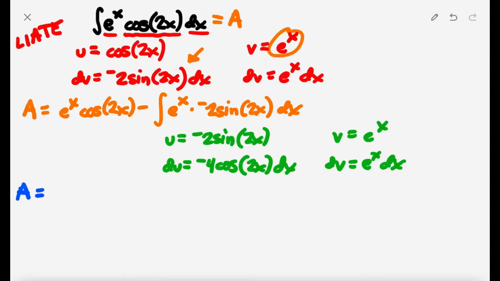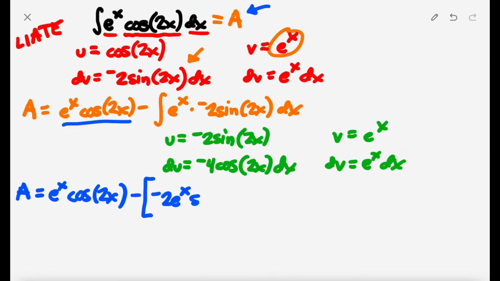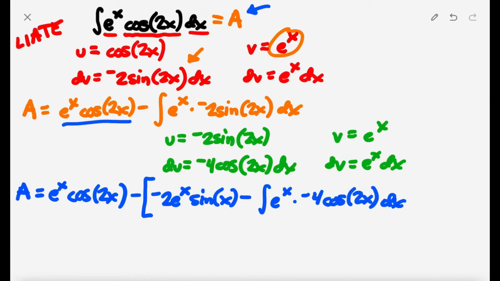Okay, so our A, which is what I defined the integral to be, is going to be equal to e to the x cosine 2x, that's just this part right here, minus uv, actually I'm going to put this in parentheses, uv, because we have to do integration by parts formula, minus the integral of e to the x times negative 4 cosine 2x dx.